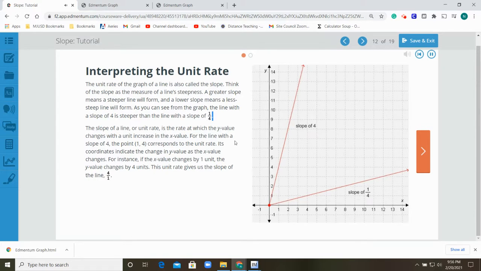For the line with the slope of 4, the point 1, 4 corresponds to the unit rate. Its coordinates indicate the change in y value as the x value changes. For instance, if the x value changes by 1 unit, the y value changes by 4 units. This unit rate gives us the slope of the line, 4/1.